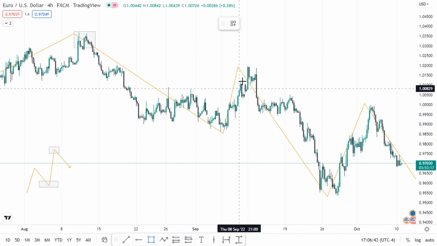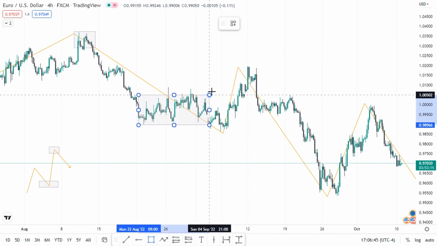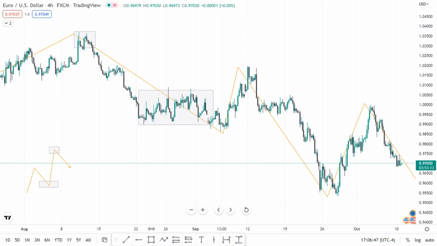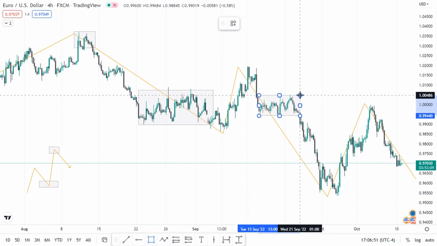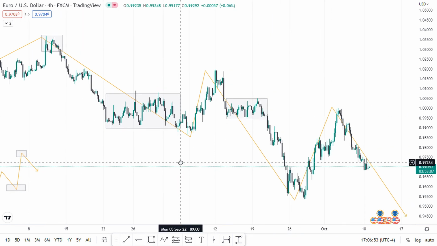Before you can see this high move, the market will usually create a little bit of a range. Before price eventually dropped, you saw this little bit of a range. So whenever you see a range in the market, it's usually an indication that a trend is going to commence soon. The range is usually the period whereby liquidity is formed, whereby positions are acquired before the market then goes ahead to expand further.